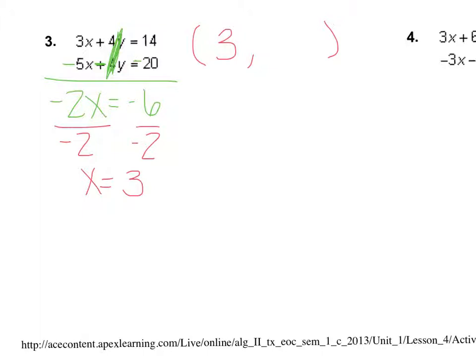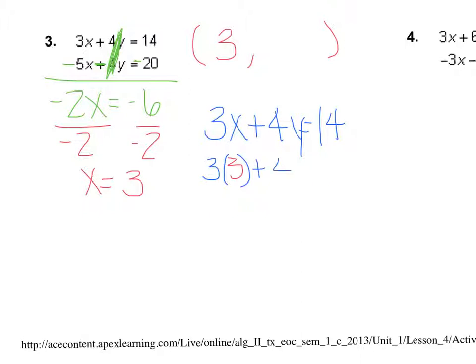Then I've got to solve for y. My equation, I'm going to use the first one. 3x plus 4y equals 14. But instead of x, I'm going to replace that with a 3 because that's what I found x was. So 3 times 3 plus 4y equals 14. 3 times 3 is 9 plus 4y equals 14.